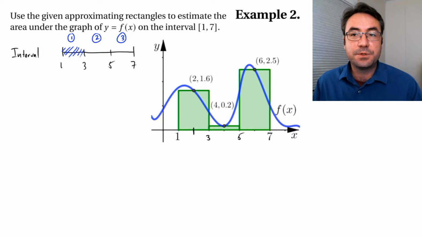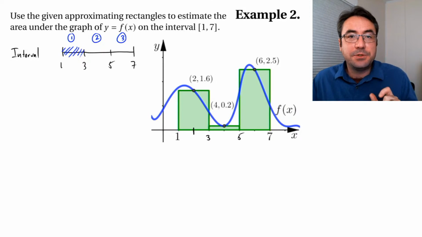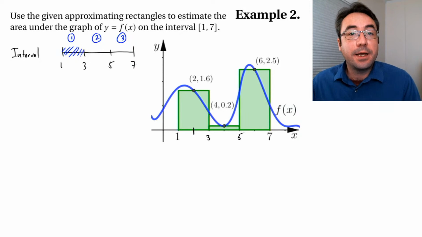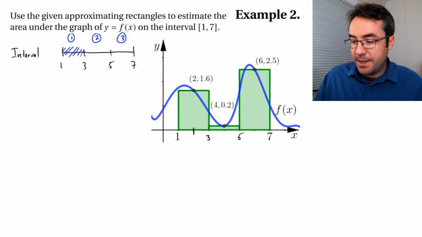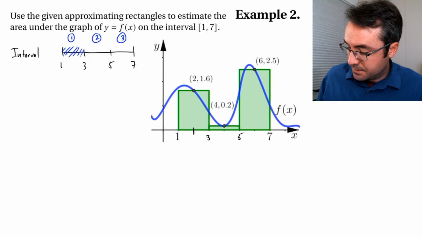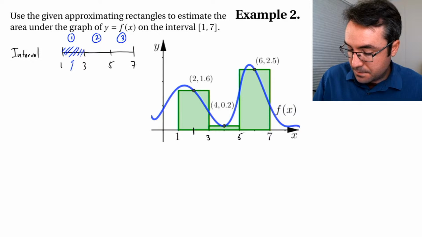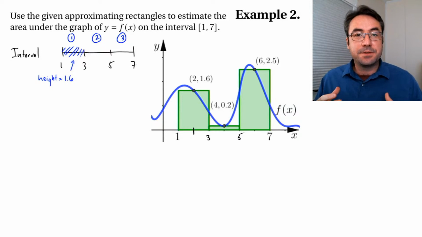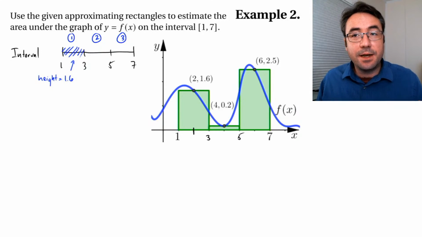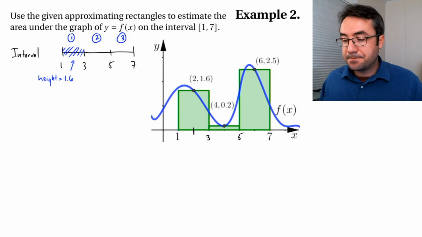We've used the halfway point between 1 and 3 as where we're going to estimate the height of our rectangle. Based on that point, the height of that first rectangle looks to be 1.6. So on that first subinterval, our curve has a constant height of 1.6.